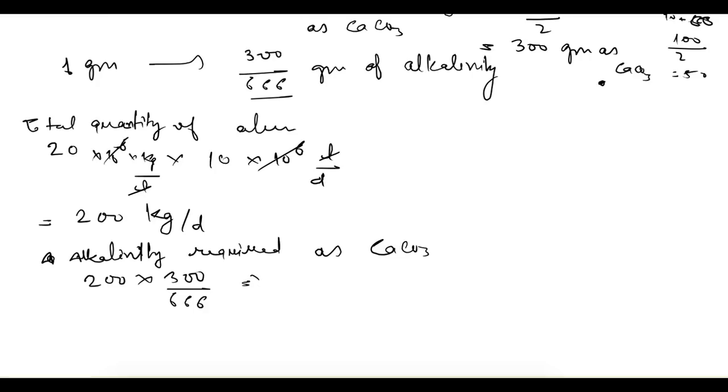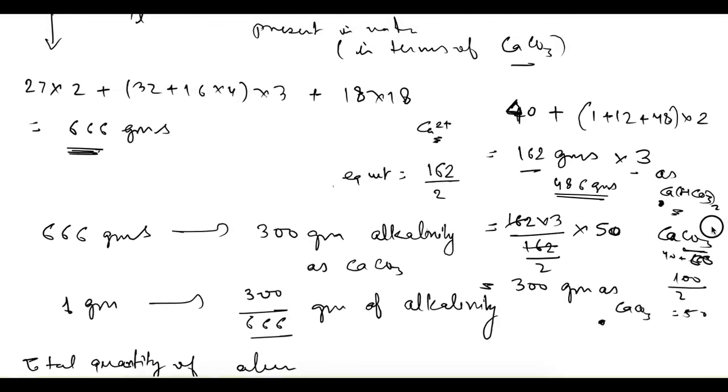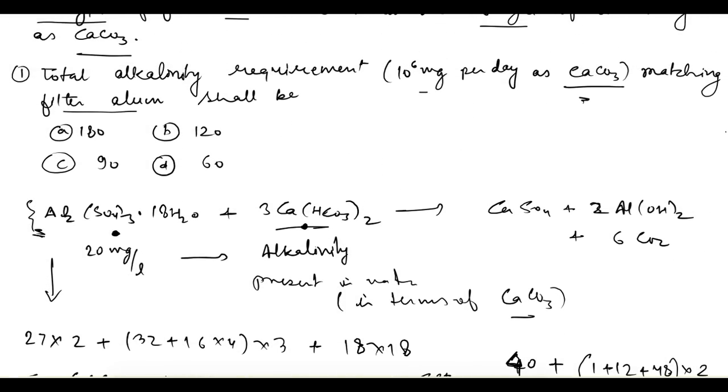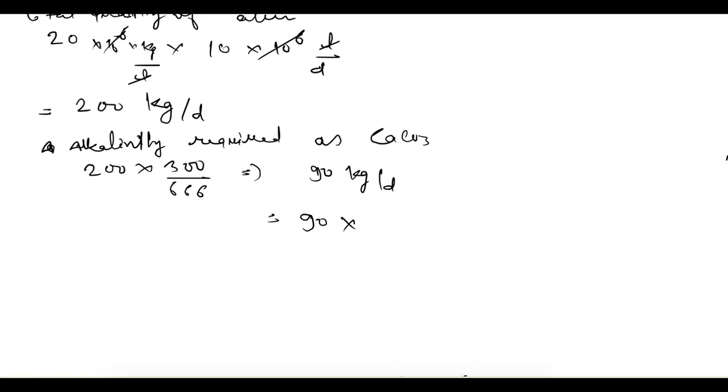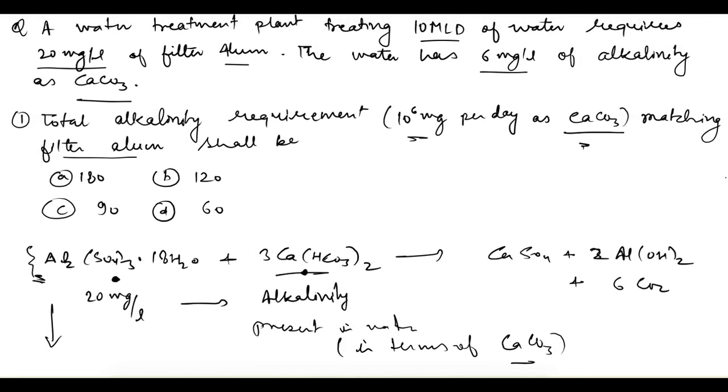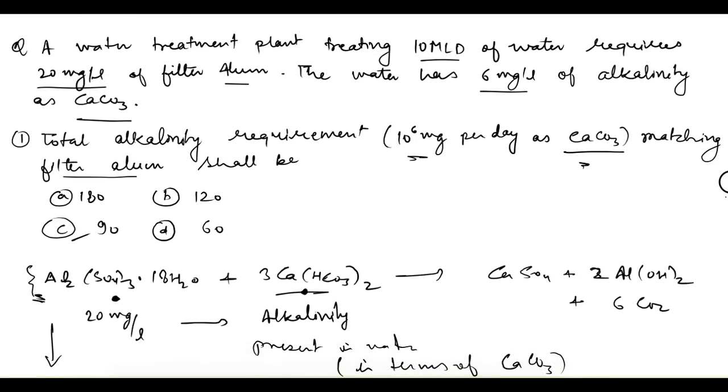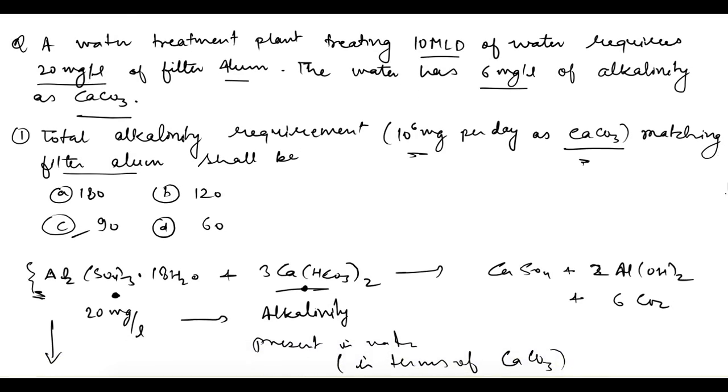If you solve this, it is equal to 90 kg per day, and because in the question it is in terms of 10 to the power 6 milligrams per day, we can write it as 90 into 10 to the power 6 milligrams per day. So you can see the options. C is the answer. This way we can simply find out the total alkalinity requirement.